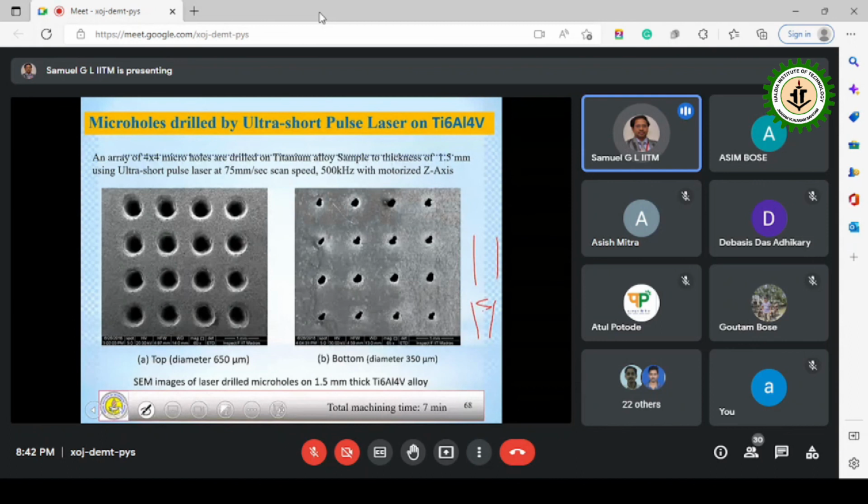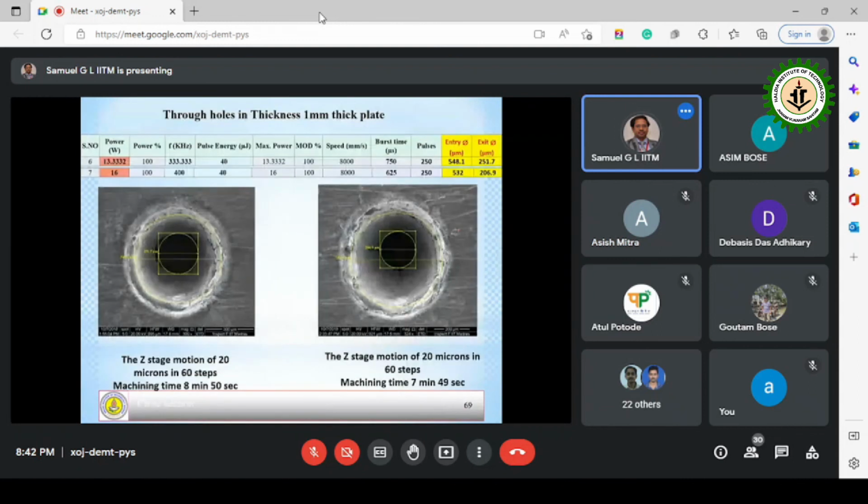Light has a wavelength like this, so there won't be enough space for the light waves to enter, and that is the reason on the front side we see the hole shape like this, but on the back side we find that the holes are not of the required diameter. But we can use other methods like the trepanning method or helical drilling to overcome these challenges.